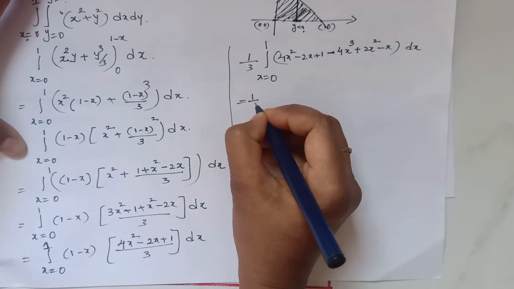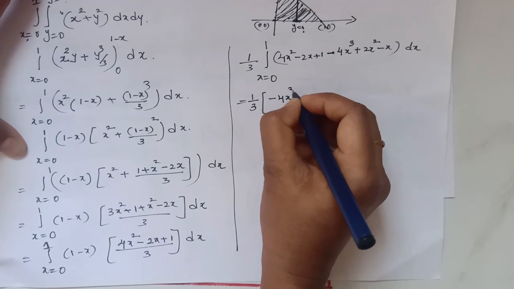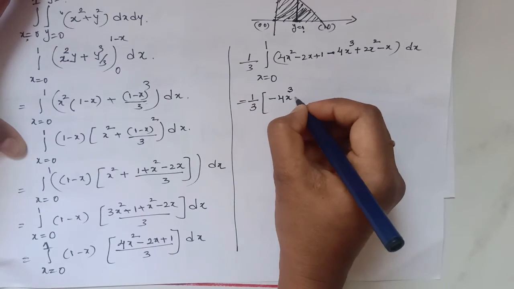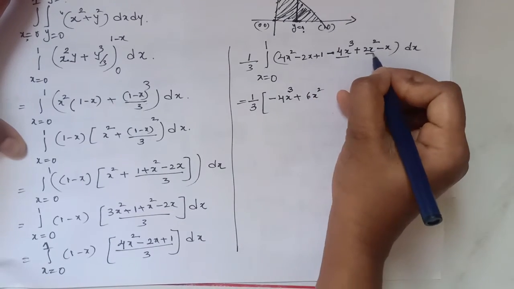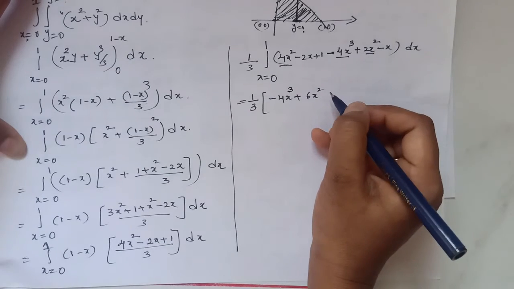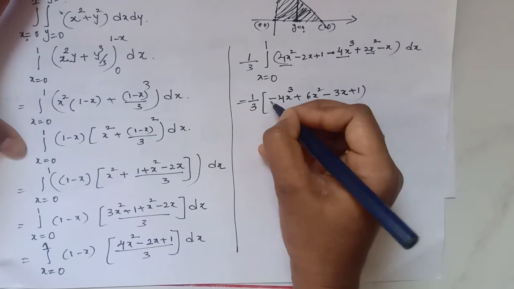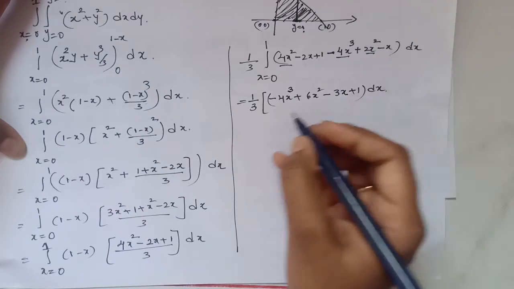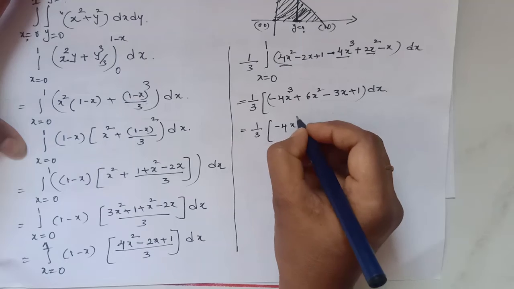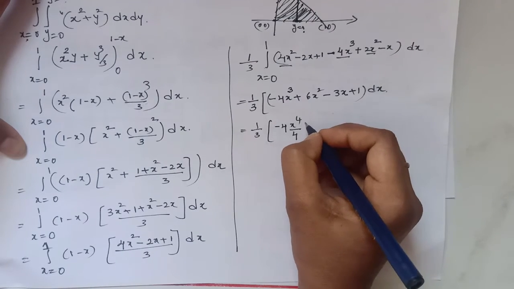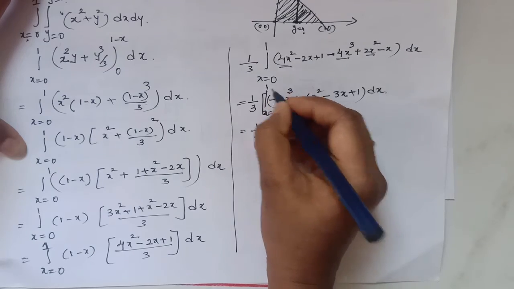This is equal to 1 by 3 into minus 4x cube plus 6x square minus 3x plus 1 into dx. This is equal to 1 by 3 minus 4 x power 4 by 4, here you should write integral x is equal to 0 to 1.